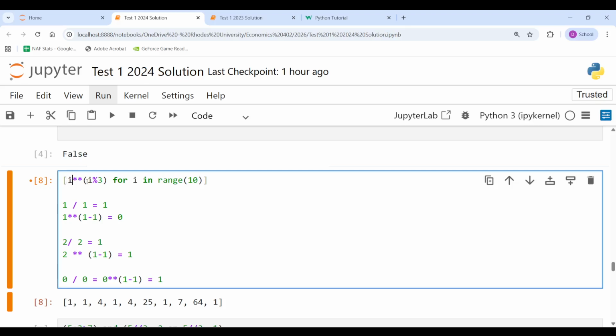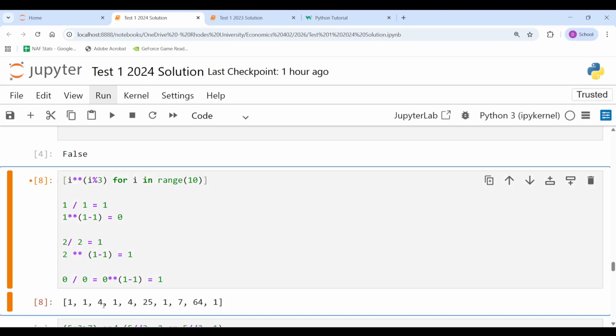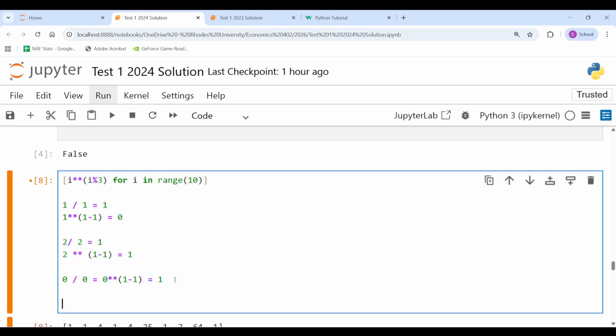So 2 to the power of 2 modulus 3, which is just 2 squared, which is 4. No, 2 modulus 3 is not 2 times 3. It's 2 divided by 3 and the remainder. So then you just check what the remainder is, which is 2. You need to make sure that you know exactly what all those operations do.